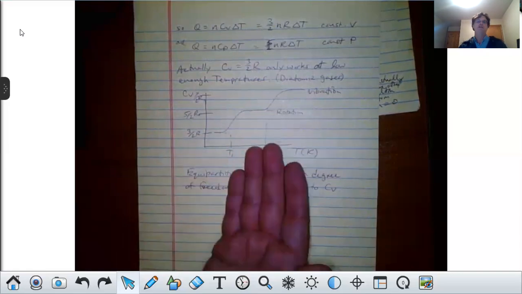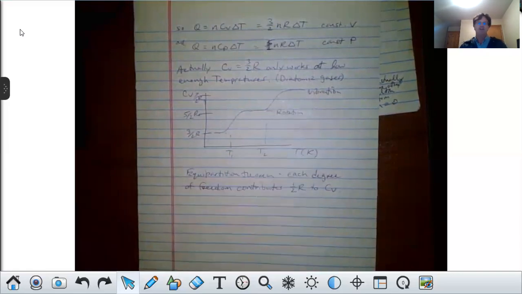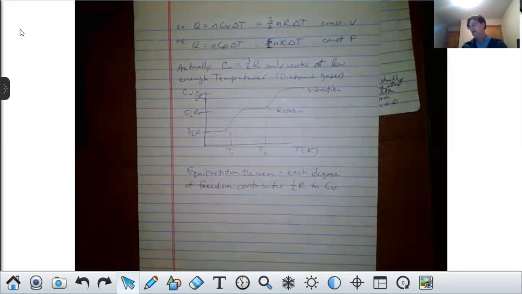This was one of the first indications that you've got to use quantum physics to explain some of the properties of molecules and atoms. It just turns out you cannot explain it in terms of a classical physics model.